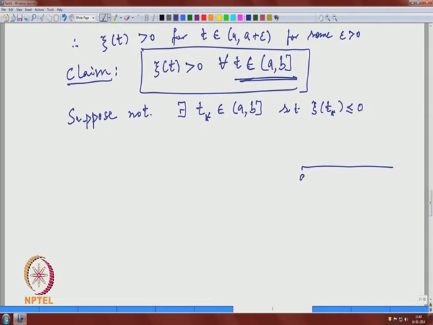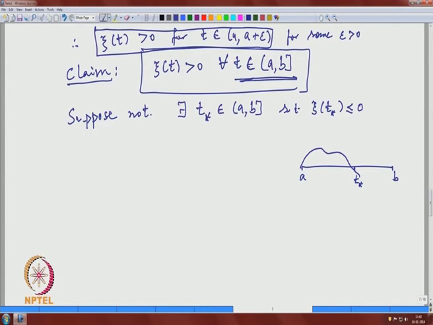So, there is A here, there is T star there, and there is B here. So, we already know that J is positive in some small neighborhood, that is important. It is positive there. So, it may be 0 here, and then it comes in.